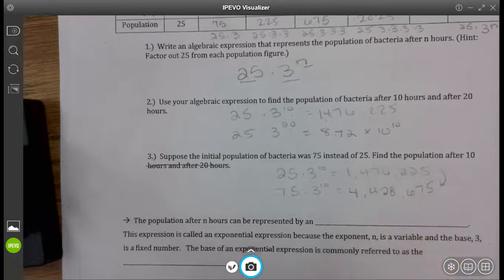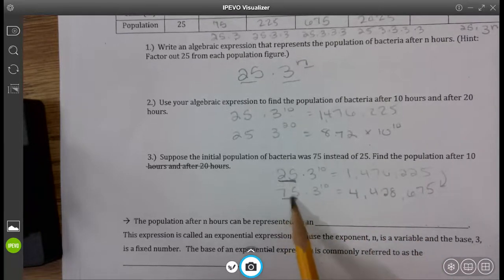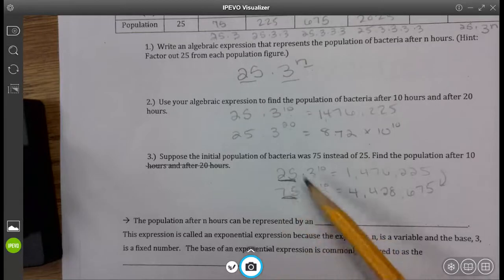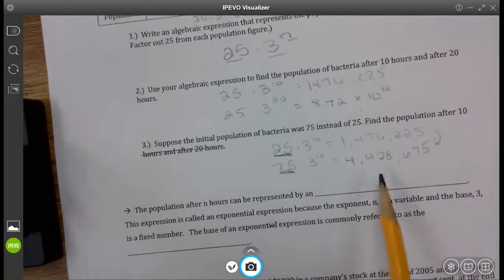That is a huge difference. So knowing what your population is, or like an investment, the more you can start out with, the better. Or just see how big it grows when you begin with something a little bit bigger.